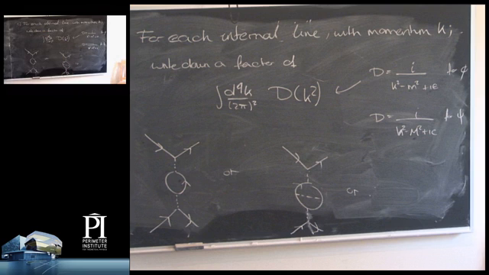Is this clear? The e to the i k dot x factor: the Feynman propagator was basically the Fourier transform of this, multiplied by e to the i k dot x, and we got rid of that.